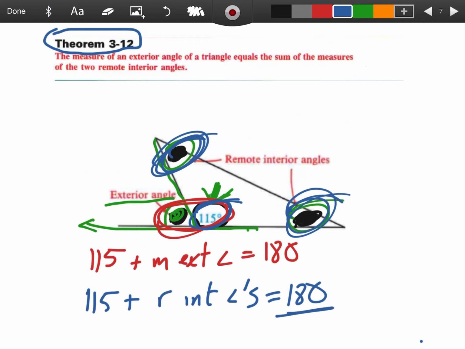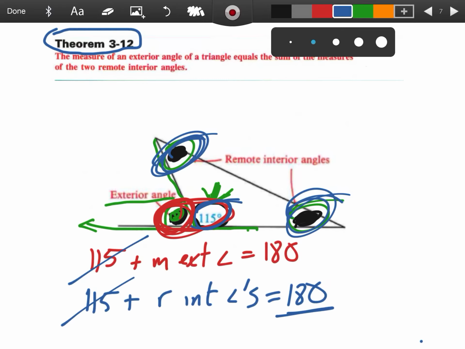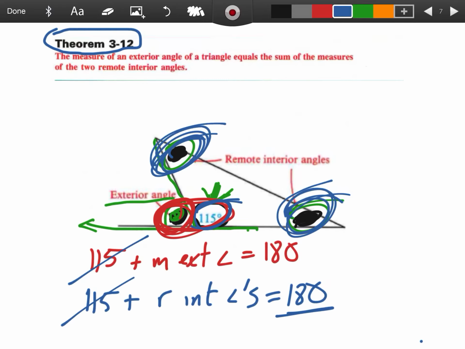Well, what could you do if you subtract 115 from each of them, right? Then you get that the measure of the exterior angle, this angle right here, has to equal these two added together.